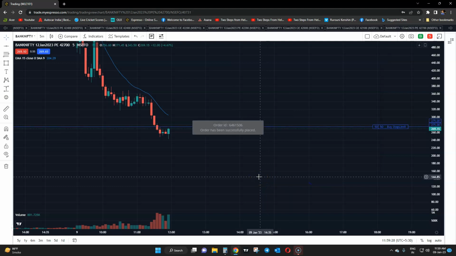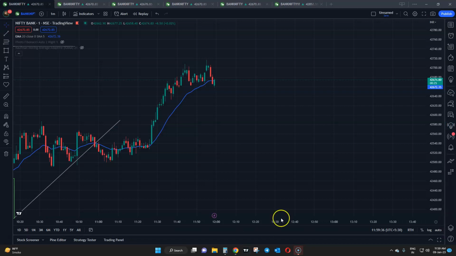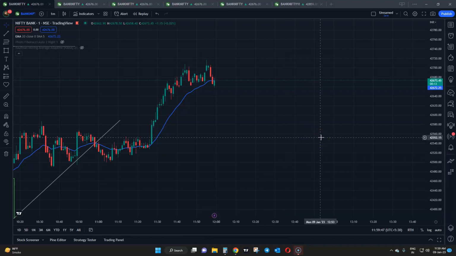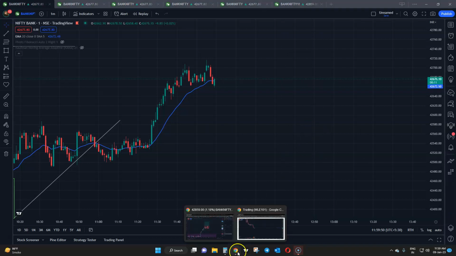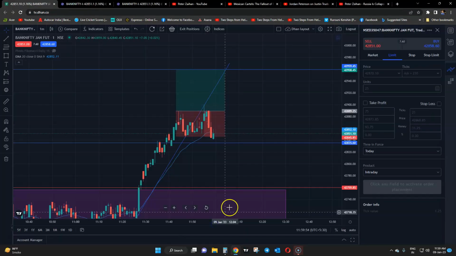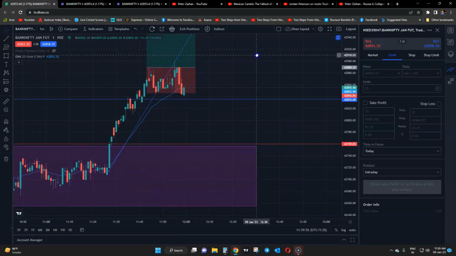Small order, not a big one, because I'm pretty certain that there could be a test of the prior extreme again. That's how it mostly works. Oh, it's going back up. If it is, then we won't get triggered. We don't have to worry. What is this?